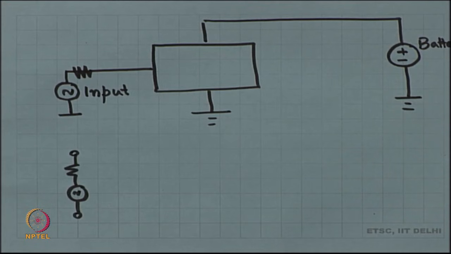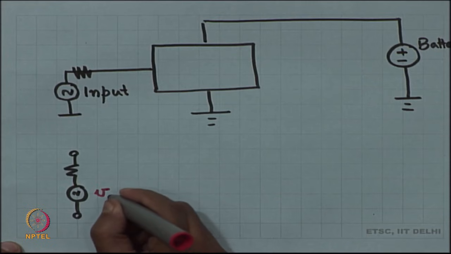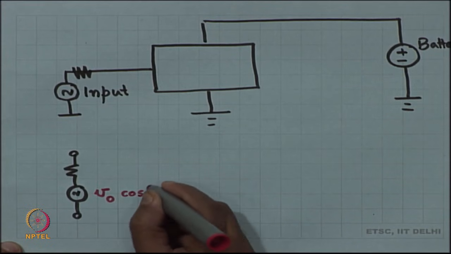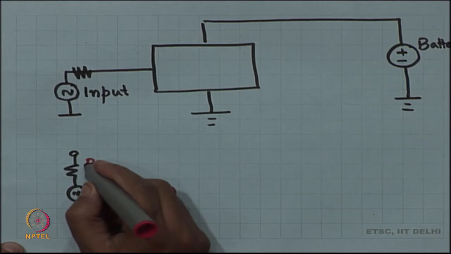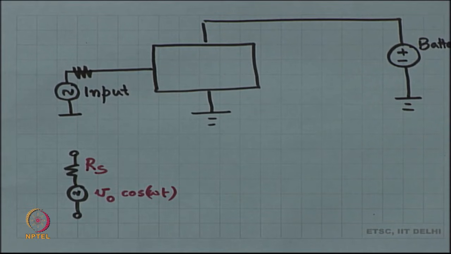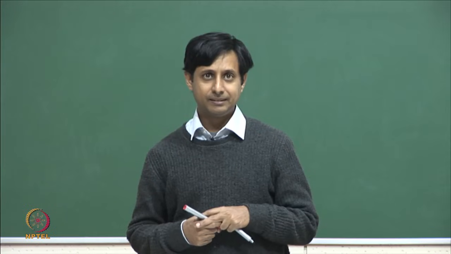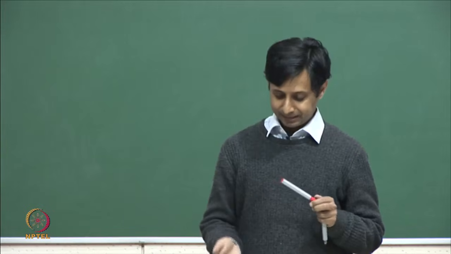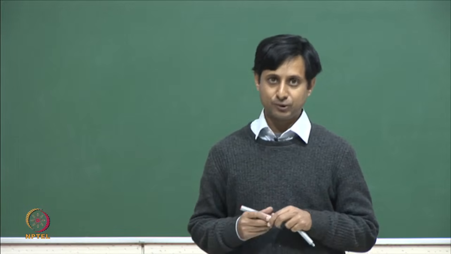What am I talking about? So, if you have a voltage source, let us say V naught cos omega t is the voltage source, and let us say R s is the source resistance, then what is the maximum power that can be produced by this voltage source?